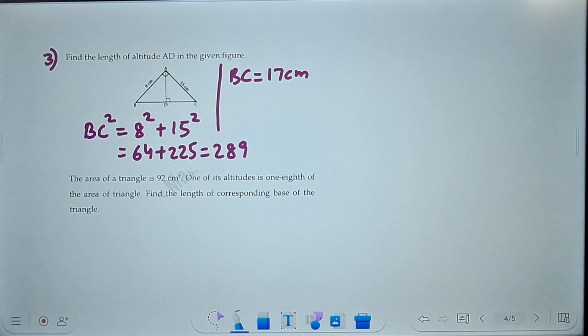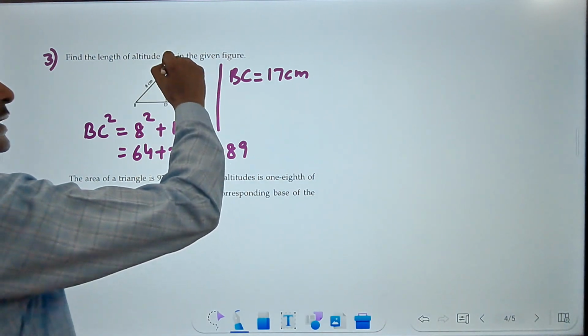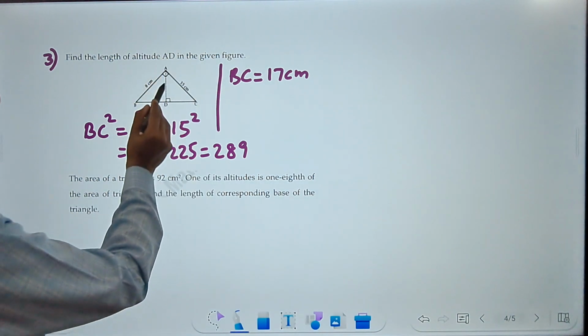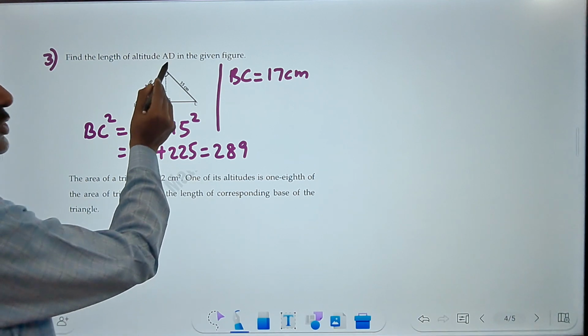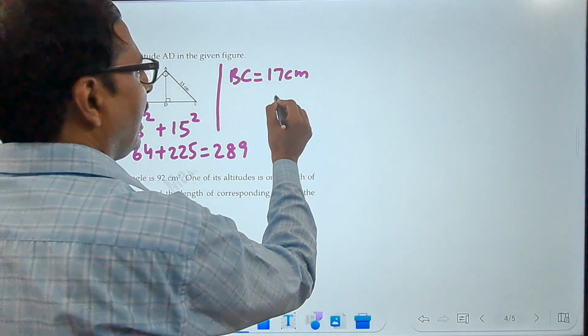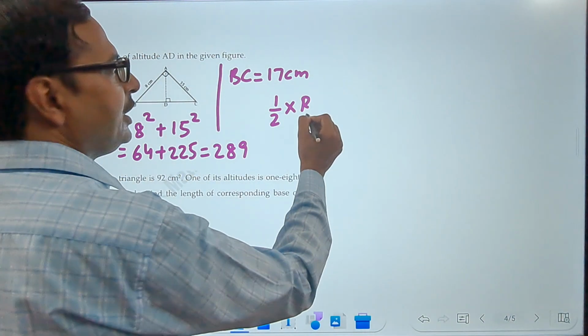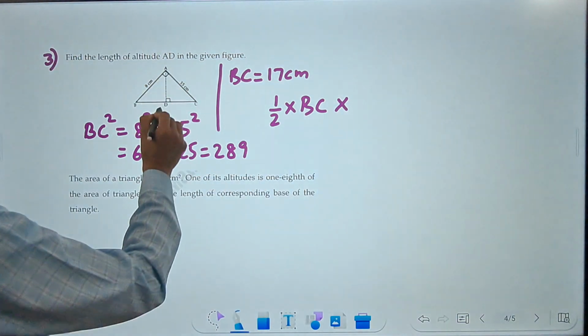And now we can find the length of AD, because we can also find the area of this triangle using this and this side. That means AB and AC, they form a right angle triangle, right? So half into base into height can be applied. So half into base BC into corresponding altitude AD.